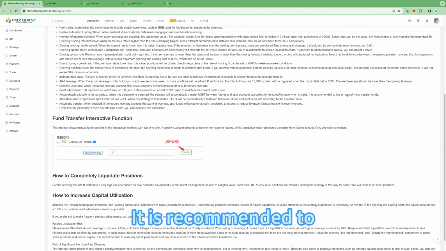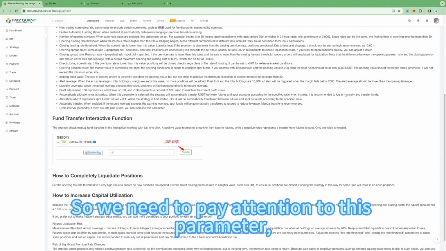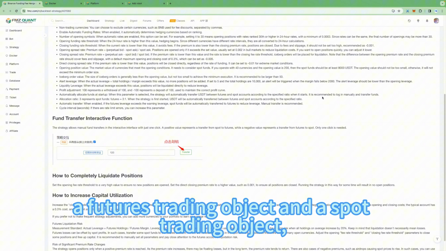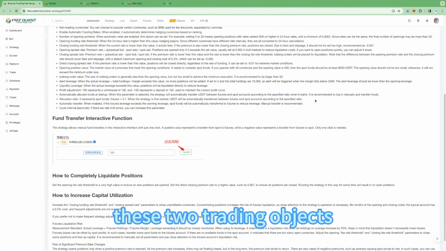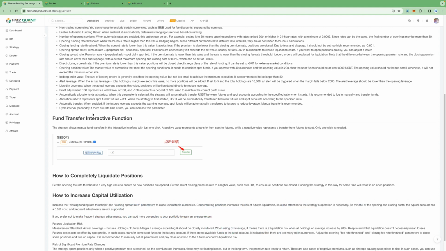It is recommended to use our own account for manual transfer, so we need to pay attention to this parameter. Adding a futures trading object and a spot trading object. These two trading objects must be configured with the same Binance account.